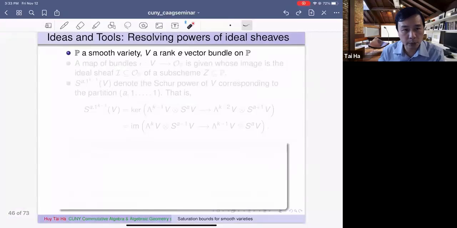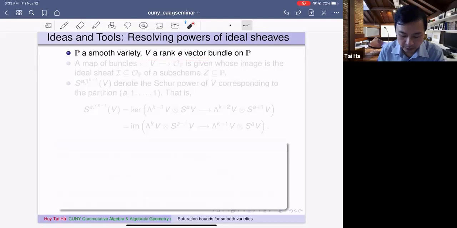So how would we go about doing this? Now we know a number of complexes resolving powers of an ideal, and using that we obtain the bound that I stated before. For simplicity, let P be any smooth variety. Later on, P is going to be the P^r, the ambient space that we start with.